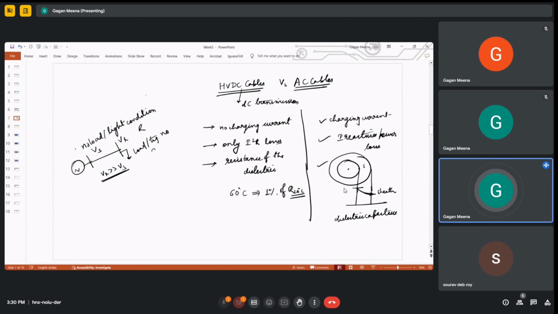The electric stress distribution in the dielectric is significantly influenced by temperature in HVDC cables. The electric stress decreases from the conductor to the sheath in AC cables, while in DC cables the electric stress increases. This is called the stress inversion phenomenon.